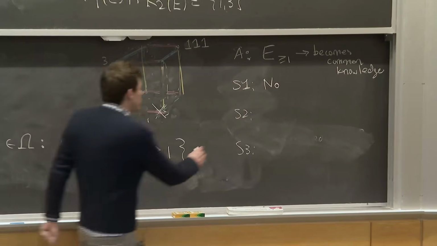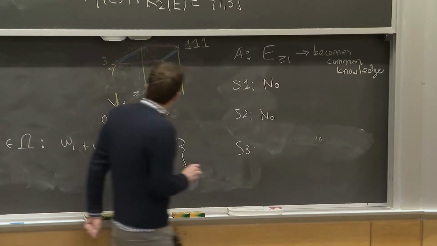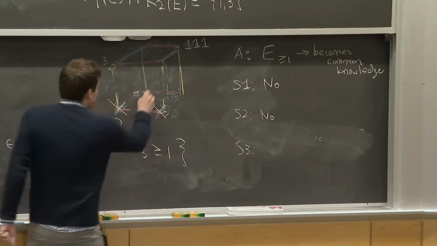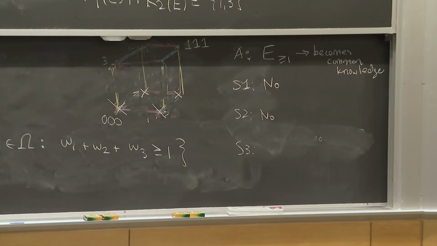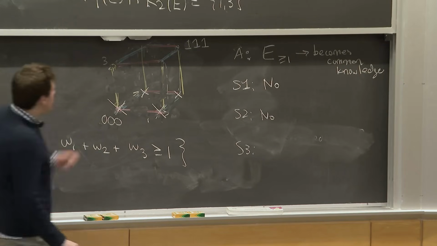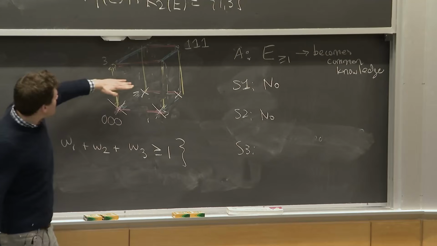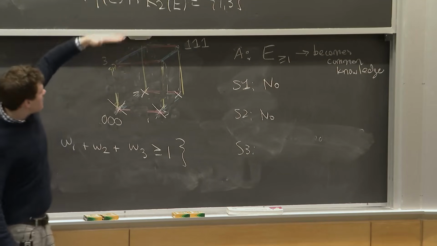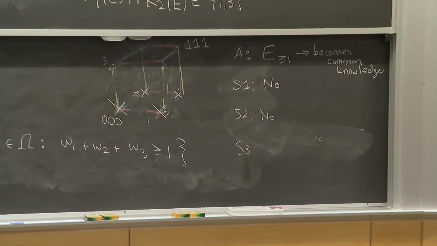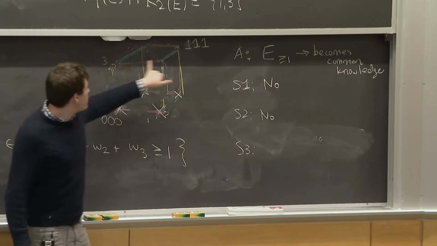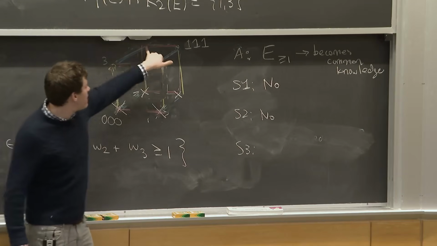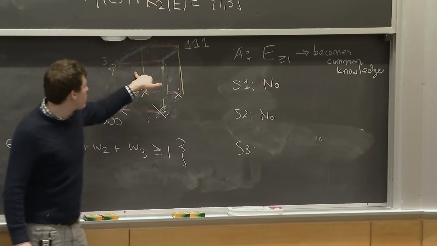So when player 2 says no, I don't know my hat color, that tells us that the state is not here or here. So now everyone knows that the state must be up in this higher horizontal plane. Player 1 knows we're either in this information set or this information set, and they actually know which one they're in.